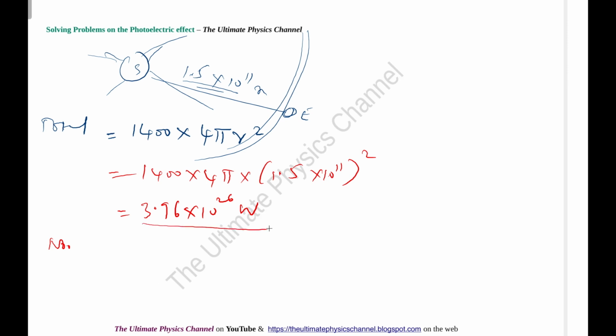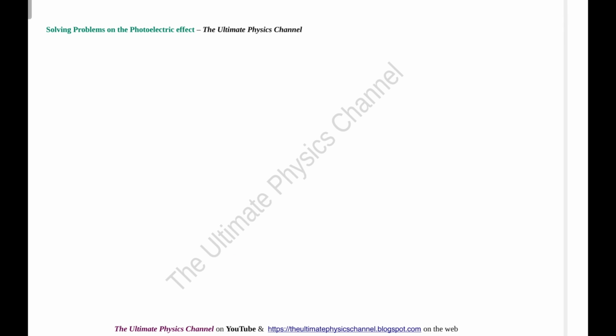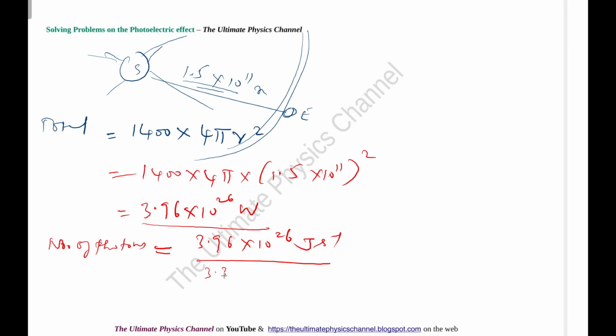So the power output is calculated here to be 3.96 into 10 power 26, and the number of photons it emits is calculated by using this power output, because this is in watt unit, it is joule per second, over the energy that we have calculated for the energy of a photon, that is 3.32 into 10 power minus 19.